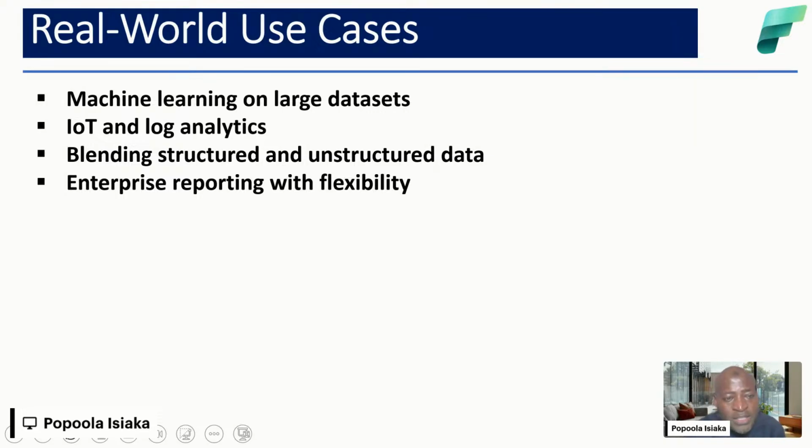We make use of it for machine learning on large data sets, what we also refer to as big data. We also have applications in areas of Internet of Things and log analytics. We can also make use of it when we need to blend structured and unstructured data together. We also find applications in enterprise reporting with flexibility. So these are some of the use case scenarios on how we can take advantage of Lakehouse.